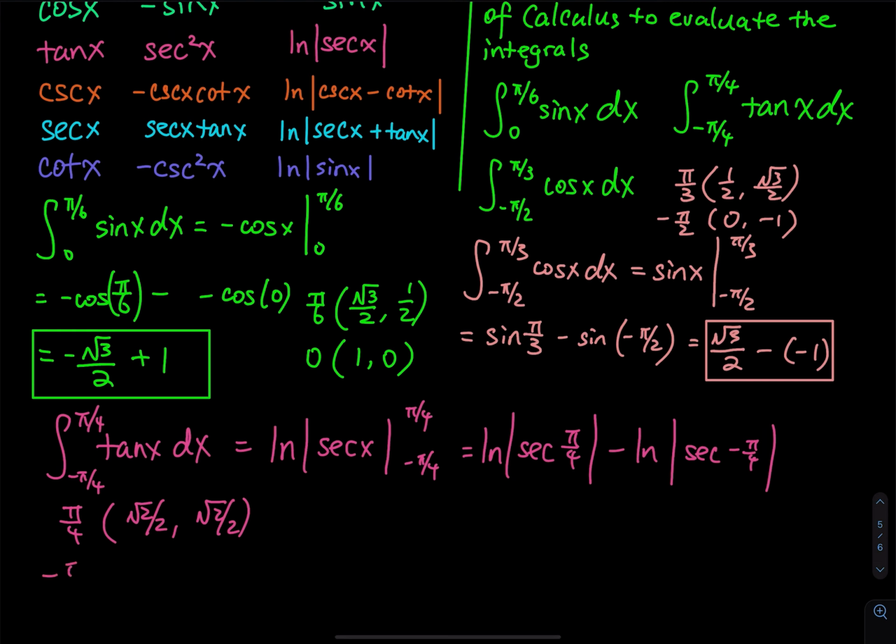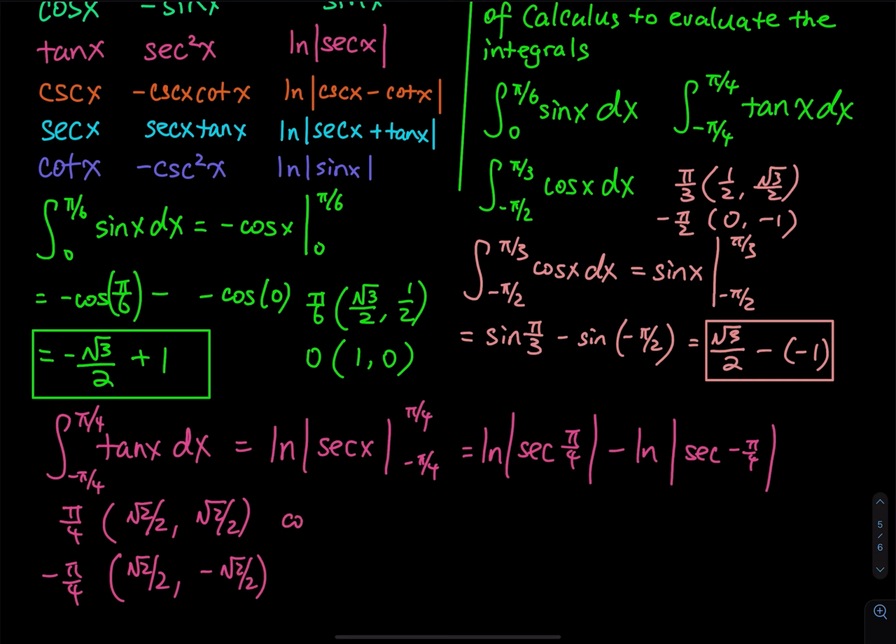And then -π/4, so you are turning 45 degrees clockwise, which is equal to 7π/4. At that area, we are in quadrant 4, so x is positive. So we have x equal to √2/2, and at quadrant 4, y is negative, so -√2/2.